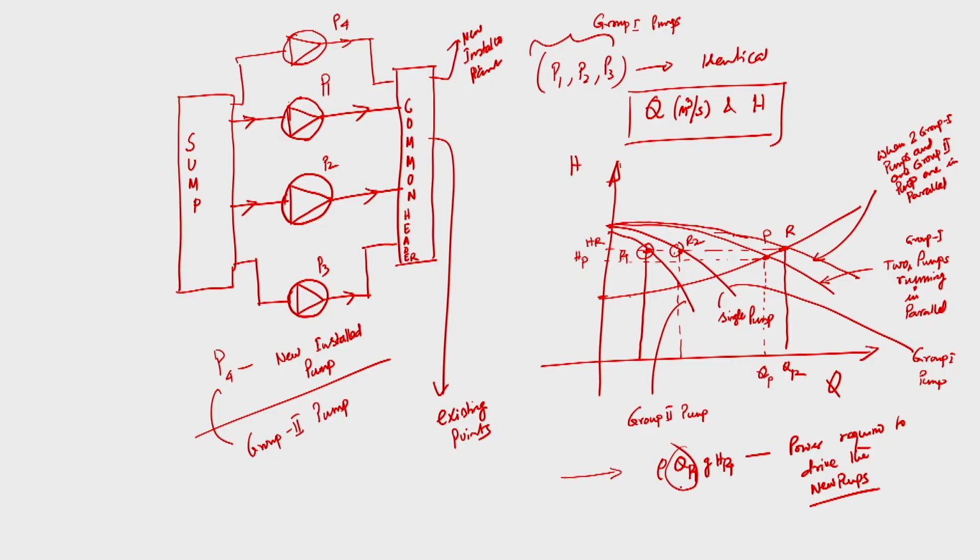So, if QR1 and HR1 are such that HR1 is fine, the head is fine, but QR1 is very high, maybe we are not expecting that amount of Q from pump 2. If this power requirement is very high and goes beyond the power supplied by the electric motor, then the pump will trip, and that is a very undesirable phenomenon.